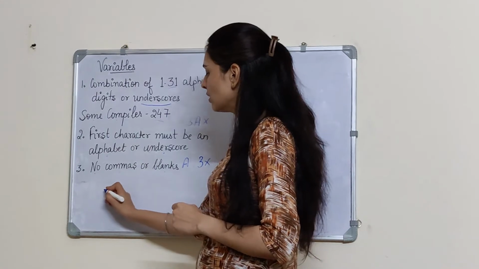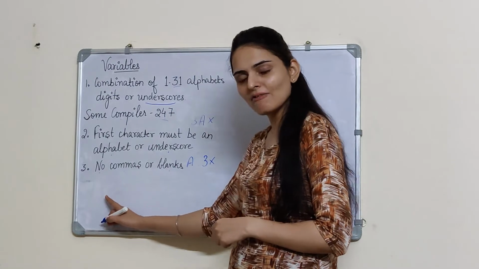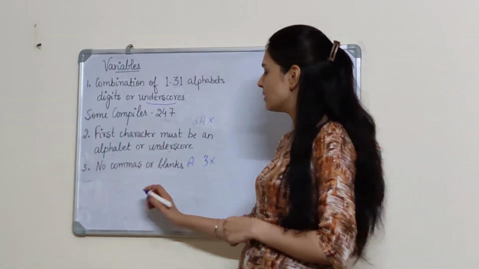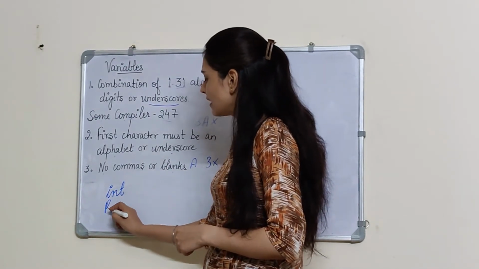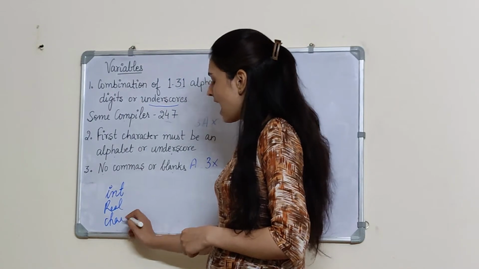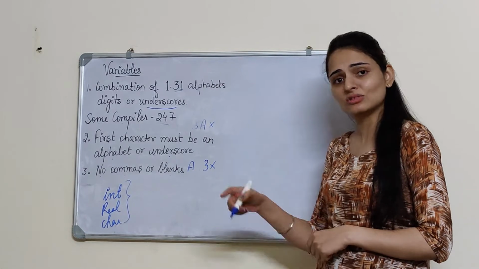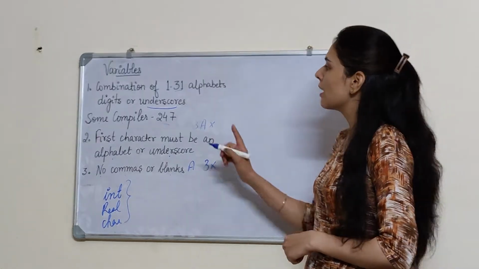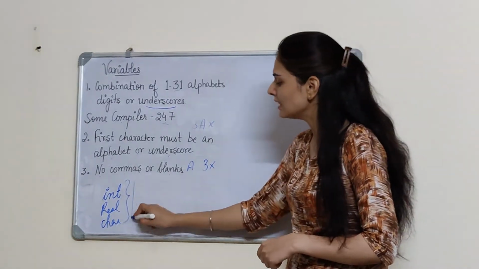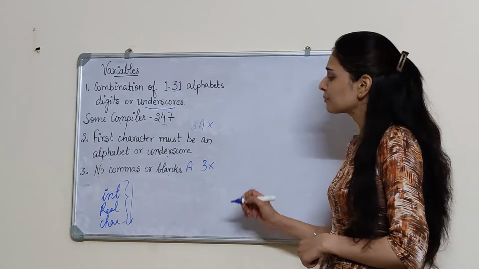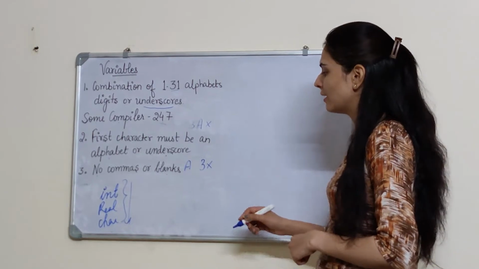Next is, we know that when we talked about the types of variables, we have primary variables and the secondary variables, and within primary variables there are integer variables, real variables and the character variables. And for constants, we have seen that for all these three sets of constants we had separate sets of rules, but for variables we have only the same set of rules for all these three types of variables. So how to know what type of variable is there?